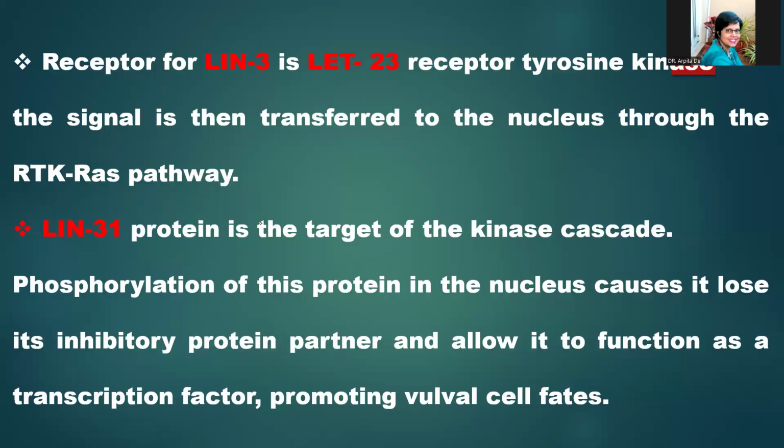Now, the vulva progenitor cells are also subjected to a regression signal from hypodermal cells. This regression signal has to be overcome. It is overcome by positive signals that induce P5.p, P6.p, P7.p to differentiate and prevent unwanted differentiation of adjacent cells.